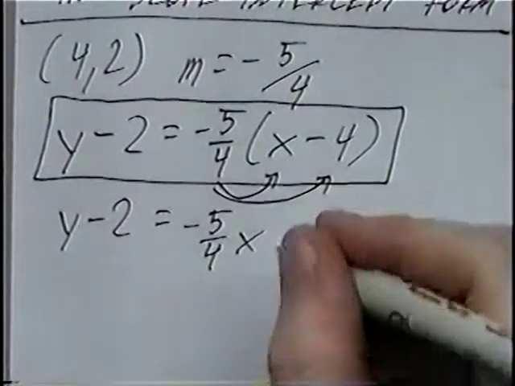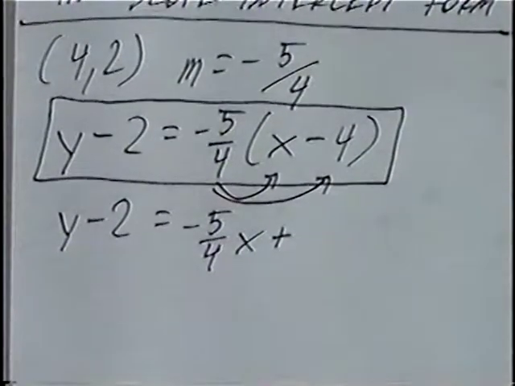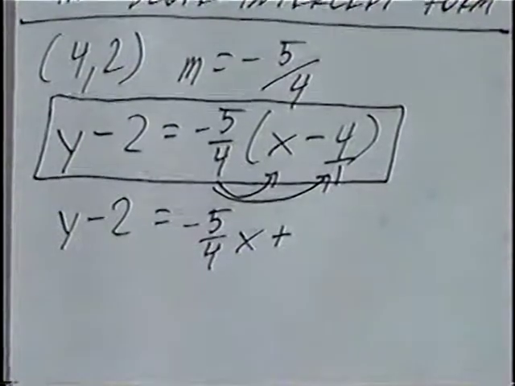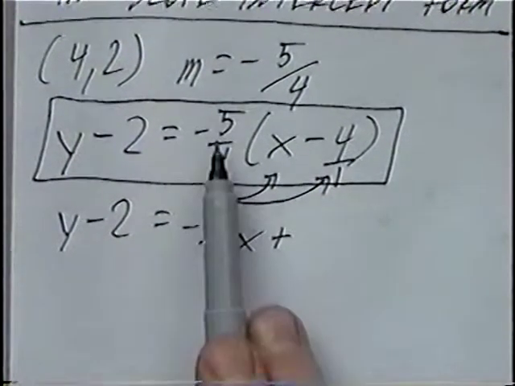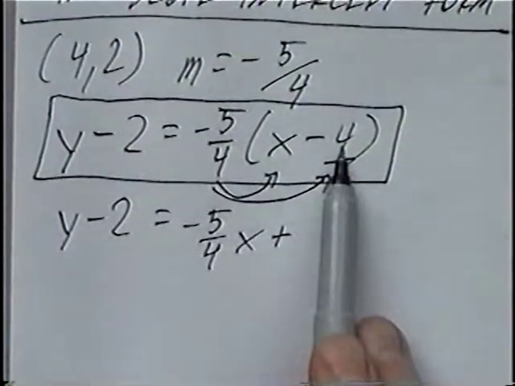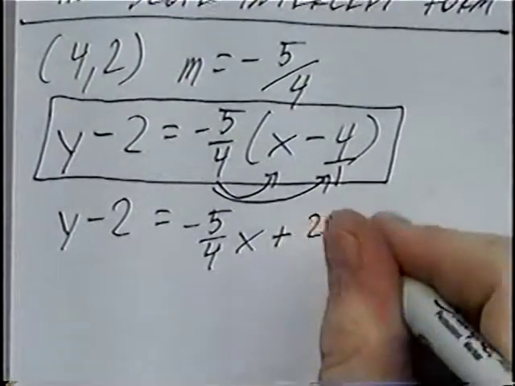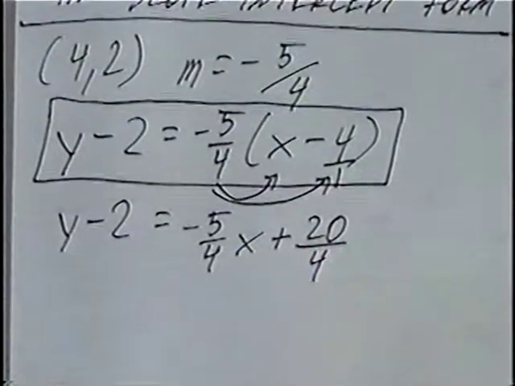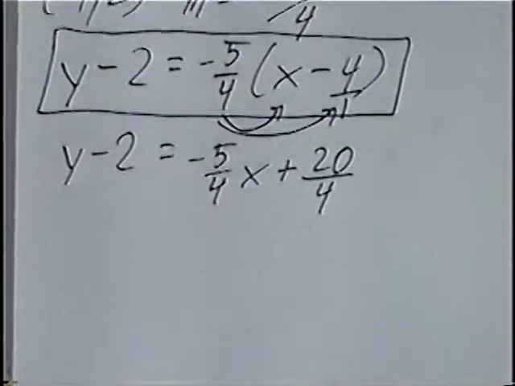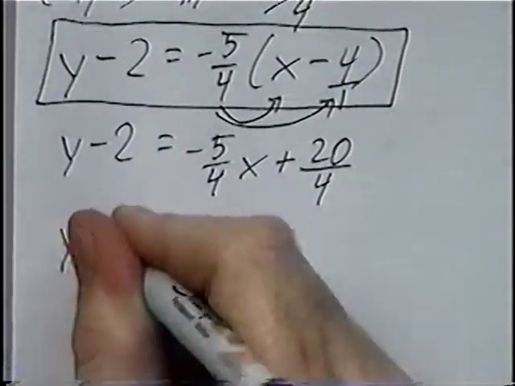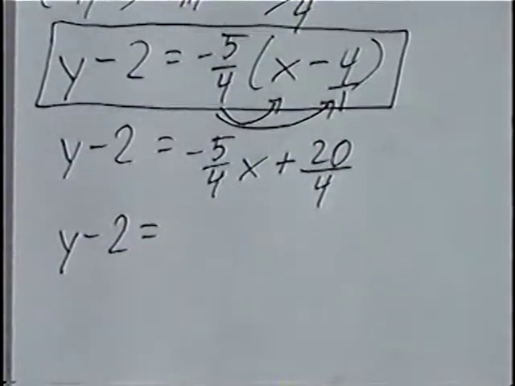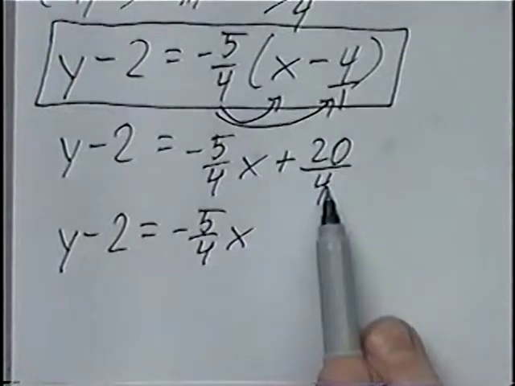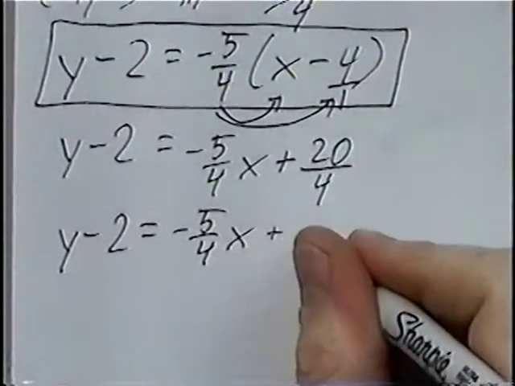A negative times a negative would be positive, and when we're multiplying fractions, we can make everything a fraction by putting a 1 on the bottom, and we'll have -5 times -4, which would be positive 20, and 4 times 1, our denominator would be 4. Simplifying, we have y minus 2 equals -5/4x, and 20 divided by 4 would be 5.